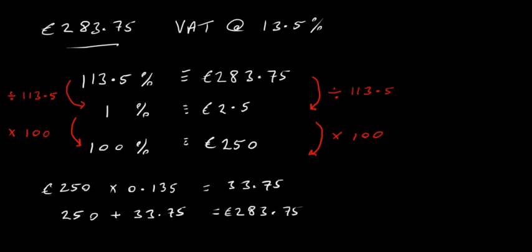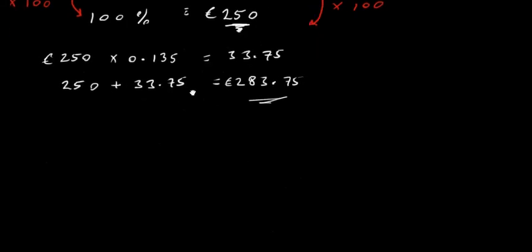So it is the correct value here before VAT was added. So this is the cost of the item before you added the 13.5%, and we just double checked that by getting 13.5% of this and adding it on to see have we ended up back where we started again, and we did. Okay, so let's have a look at another example of that.